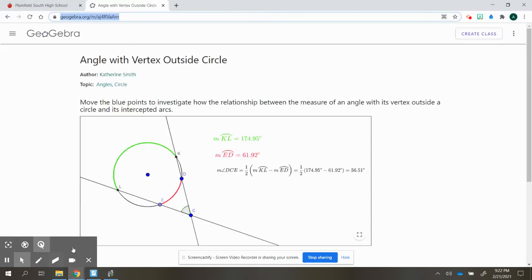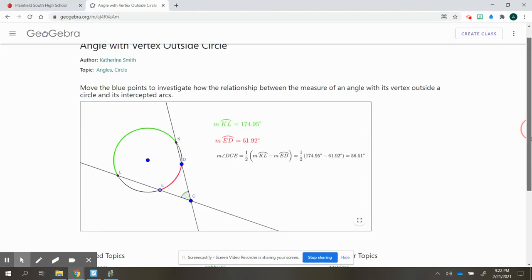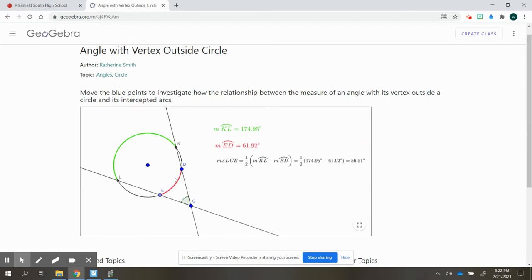We want to look at what the formula is going to be for this, okay? So basically what happens each time is we have an arc that is far away from our angle outside of the circle, and we have an arc that is near that angle outside the circle.